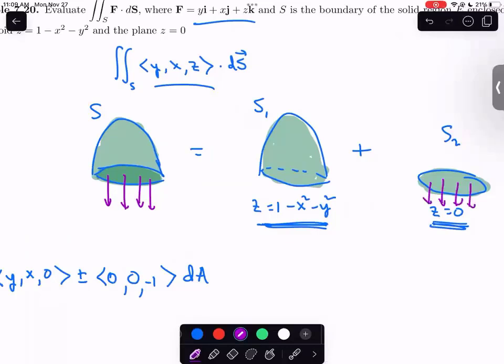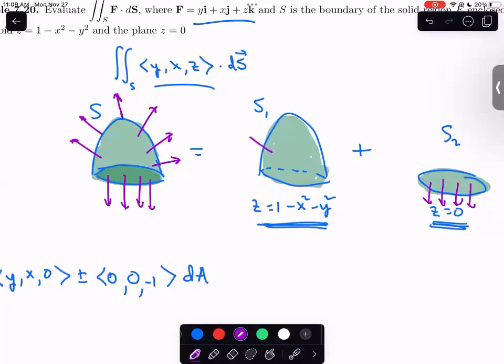That's the same thing as outward in this case. And for my paraboloid, they'd be pretty much all pointing upward. Maybe along the edge here, they're only slightly upward. But this would be for our normal vectors pointing outward.